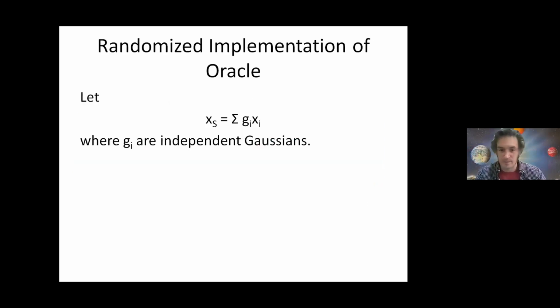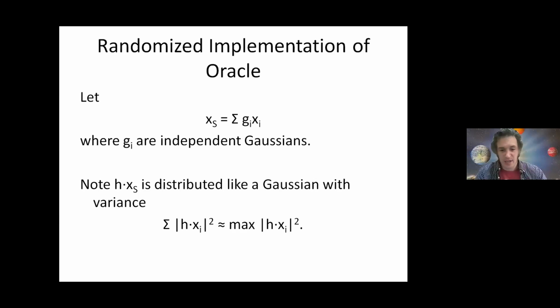And the nice thing is that if you're willing to use some randomization, there is a good random implementation of this margin oracle. And it's actually very simple. We're going to let X sub S be a random Gaussian linear combination of the points in S. If you look at H dot X, this is a Gaussian random variable.